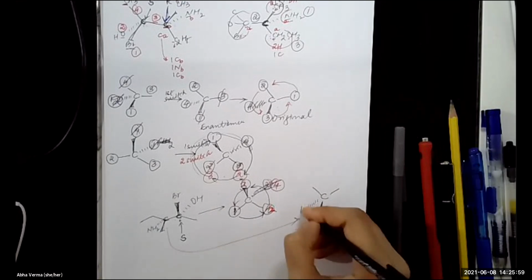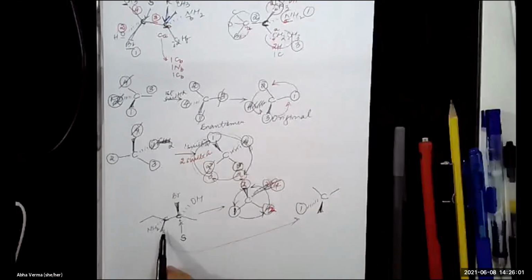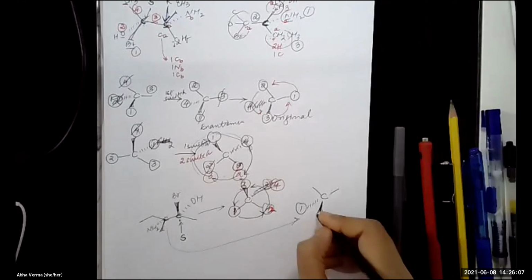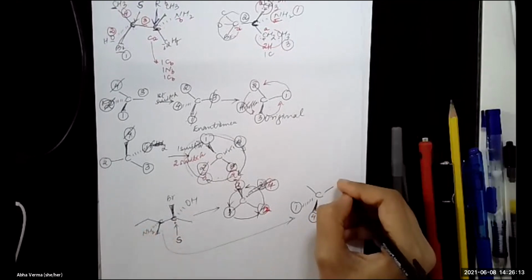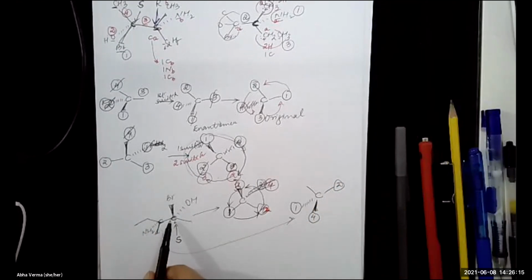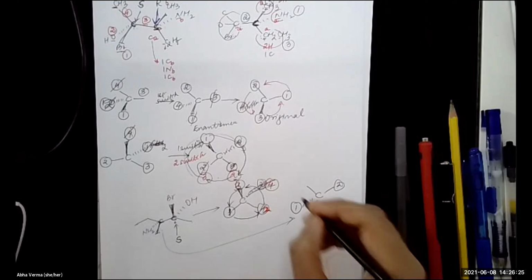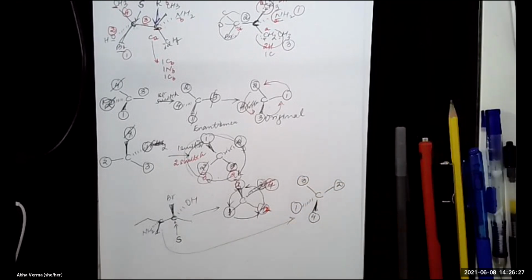The methyl will be my number 4 group. This bulky thing will be my 2nd priority group, and the, I'm sorry, not the Br, this part, the ethyl group, will be my priority 3 group.